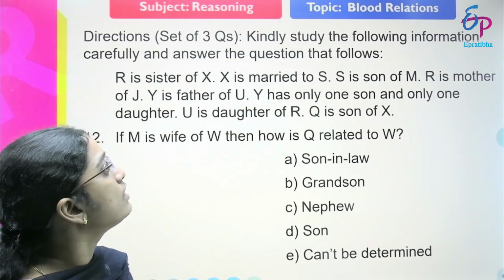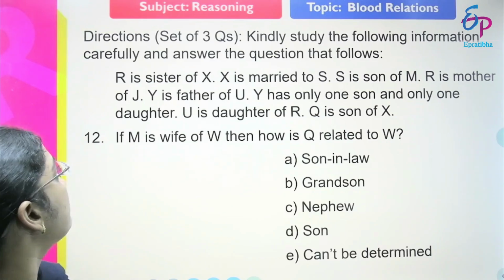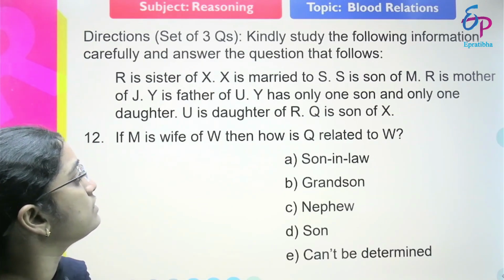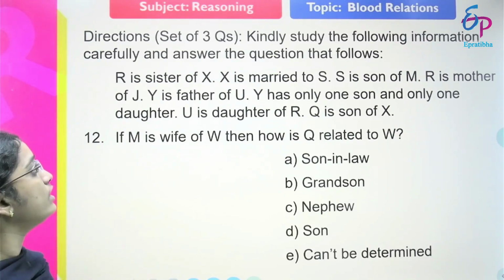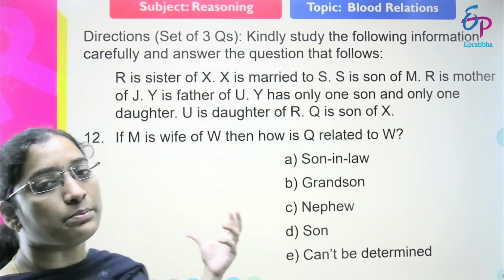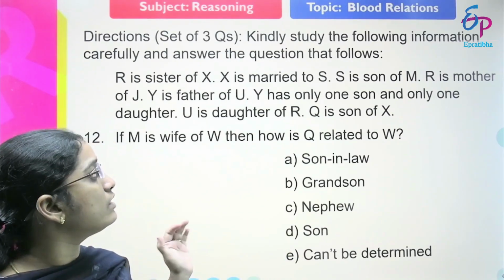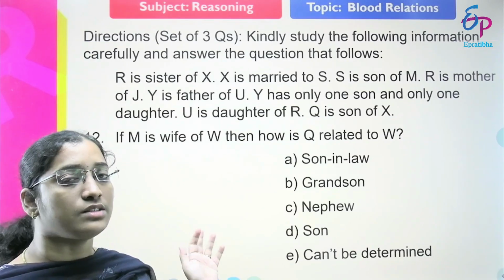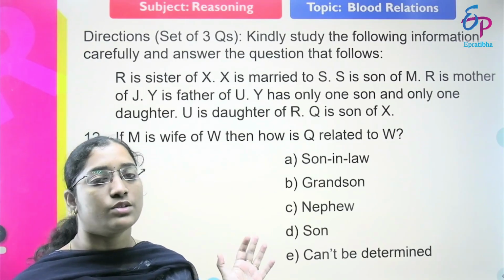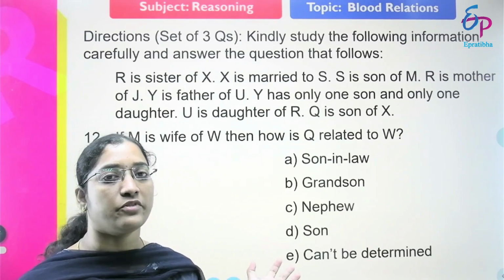That information is: kindly study the following information carefully and answer the questions given below. Then first we need to solve the complete given information. This is a puzzle type question.